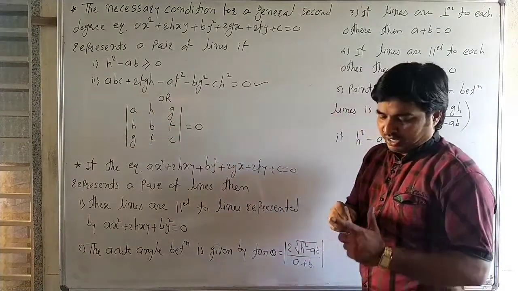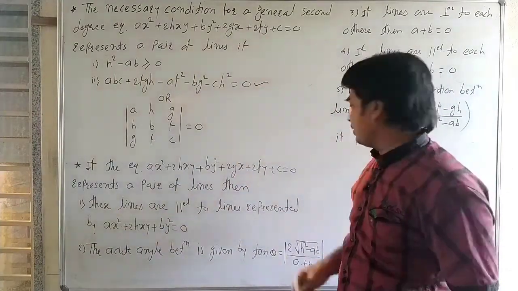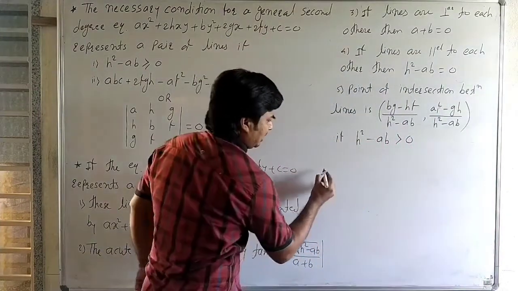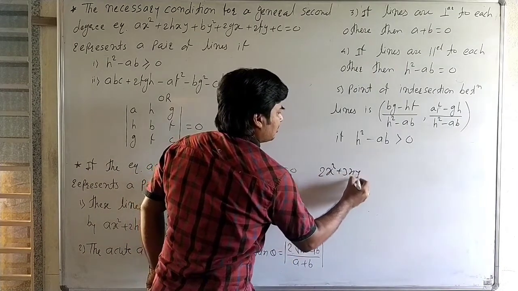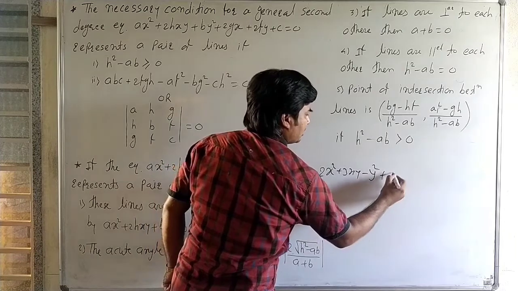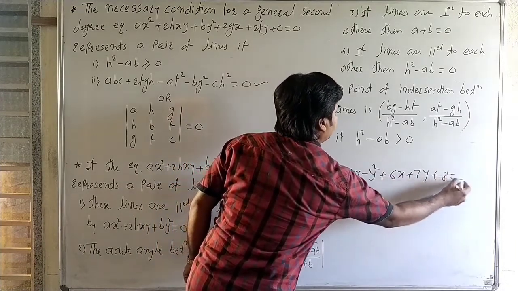For example, take 2x square plus 3xy minus y square plus 6x plus 7y plus 8 equal to 0.